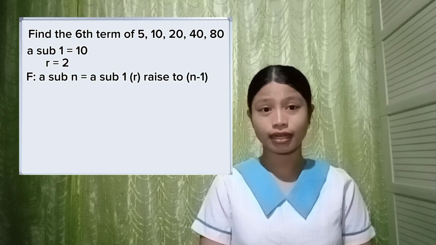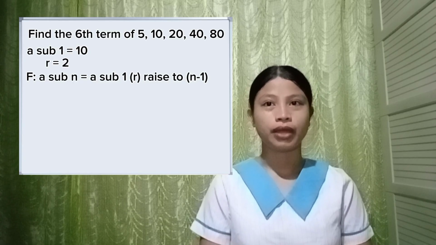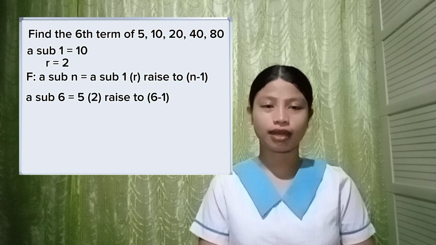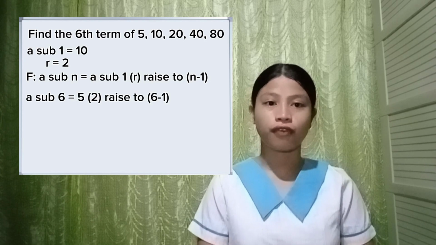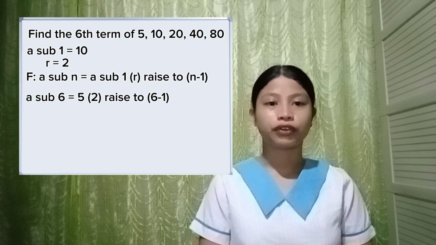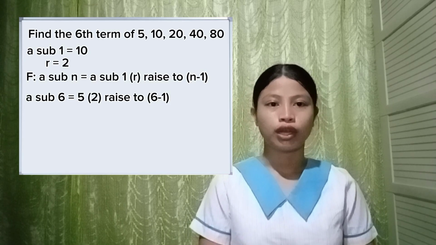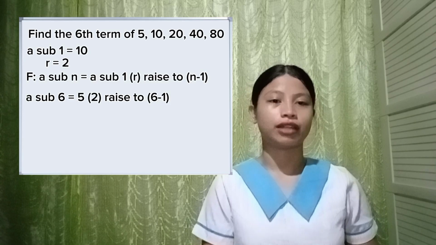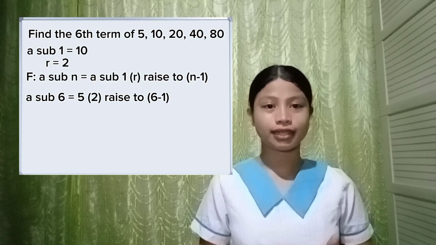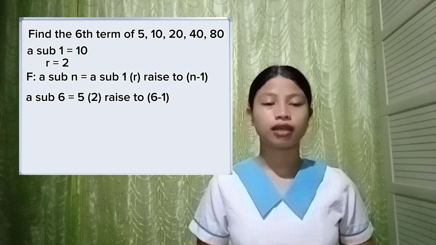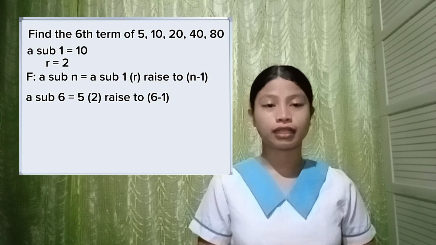Since the sixth term is missing, let's write a sub 6 is equal to a sub 1, which is 5, and r, which is 2, raised to 6 minus 1. So first, let's subtract the exponent, which is 6 minus 1.